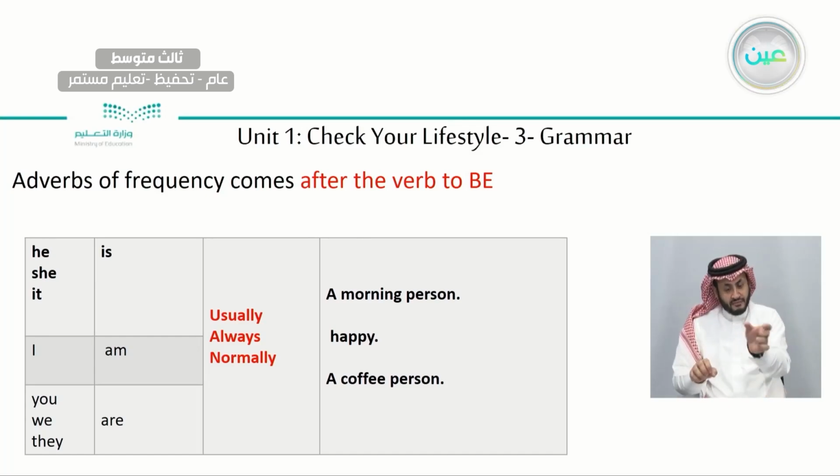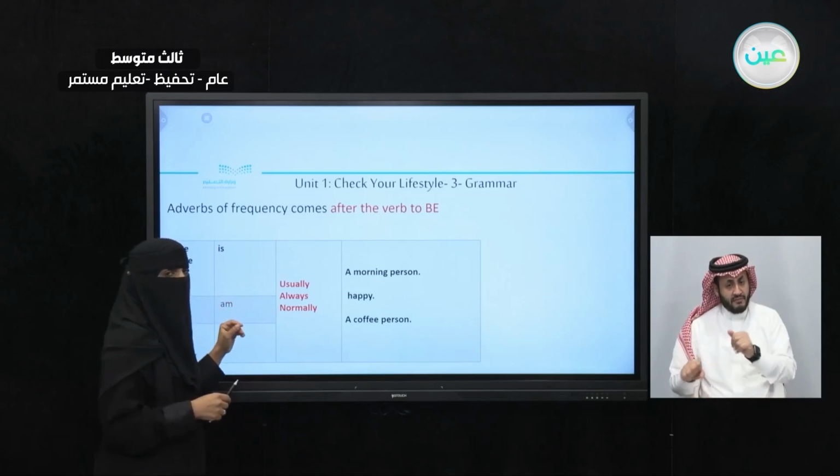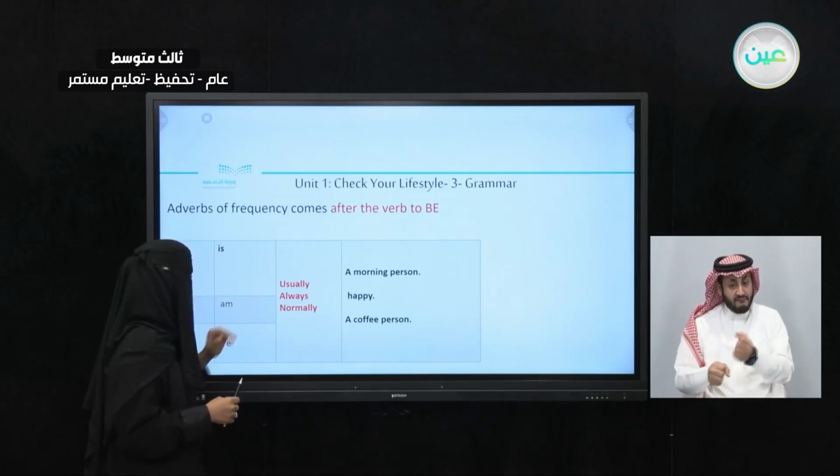He is usually a morning person, for example. She is usually happy. We don't have a main verb. That's why we put the adverb of frequency after the verb to be.